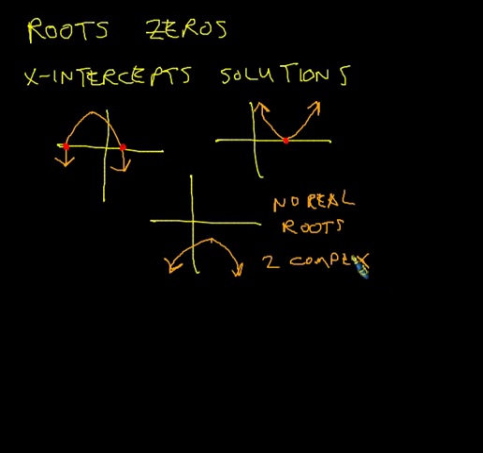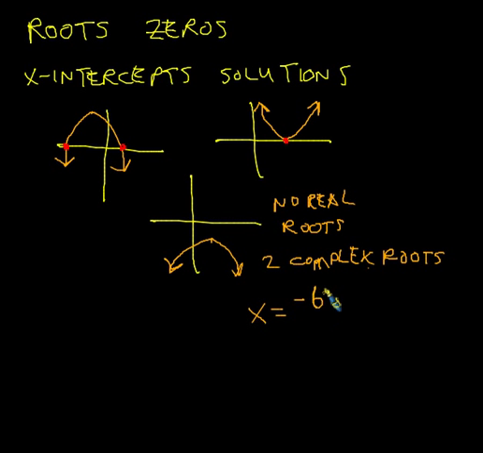And the reason that we get two complex roots, well, maybe not the reason, but one of the things that shows that we get two complex roots is the quadratic formula.